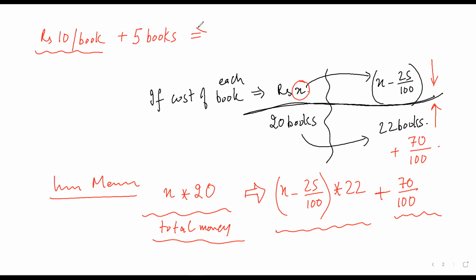So the total money that you will have would be 50 rupees. But now I reduce the price of the book by, let us assume, 2 rupees. So now the book is costing 8 rupees per book.